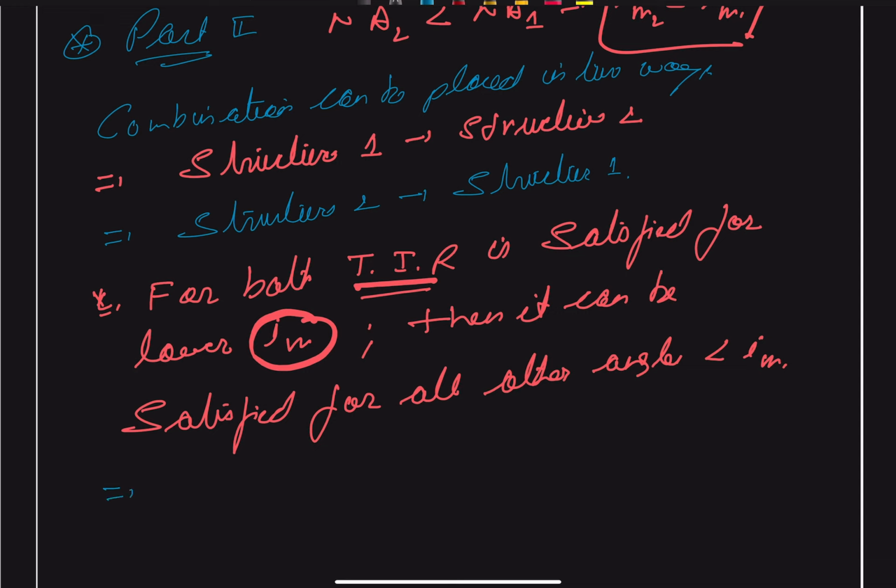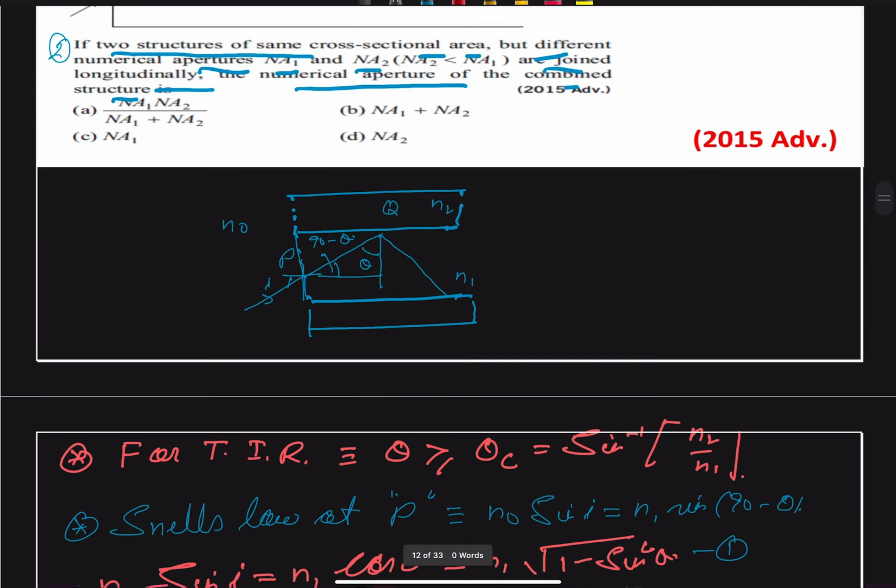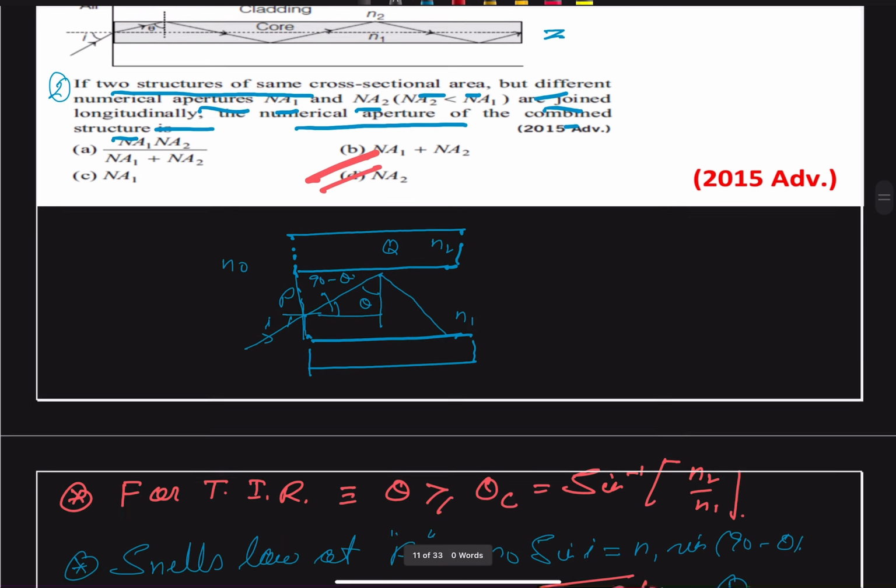So we can say that our Na2 will be the numerical aperture for the combined structure. So option D is the correct one.